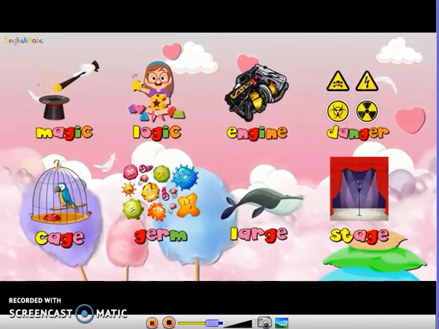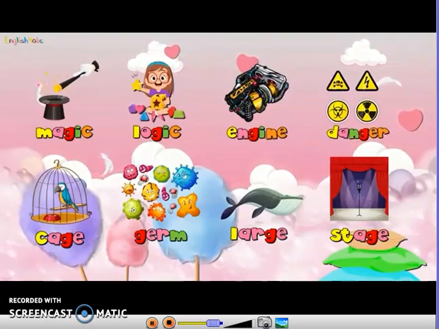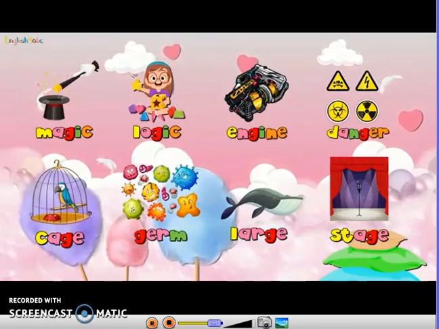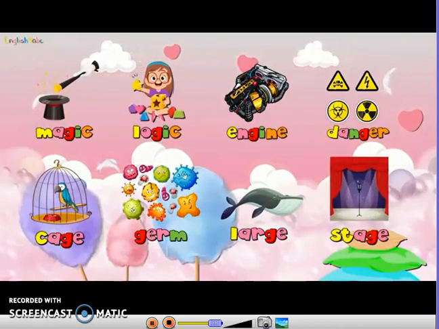Magic, logic, engine, danger, cage, germ, large, stage.